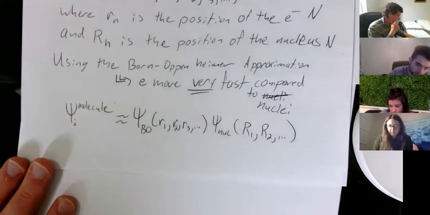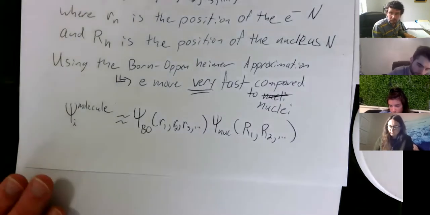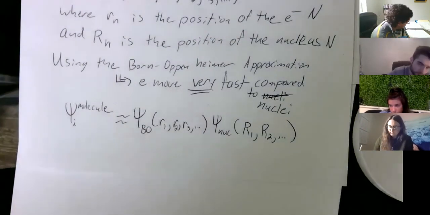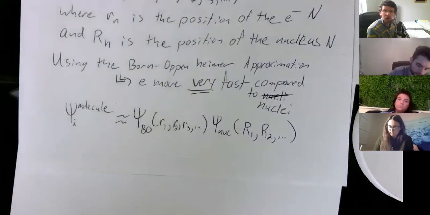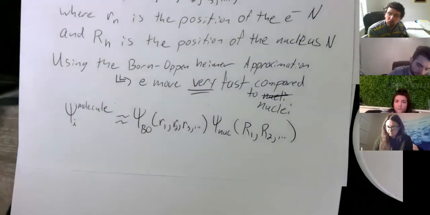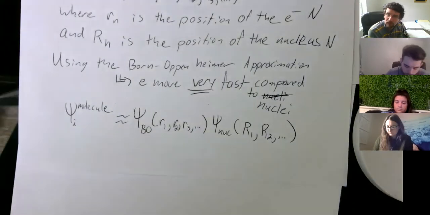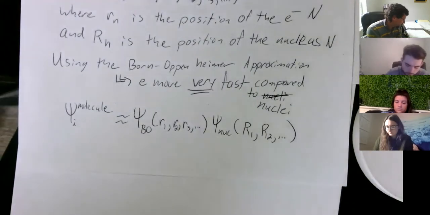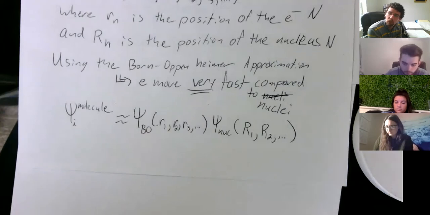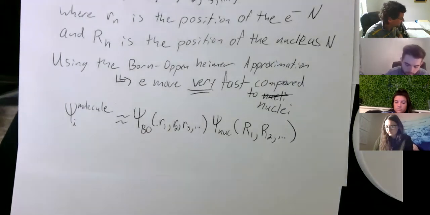And so on. Okay, so we've split that up. What we're going to do next time is look at the Hamiltonian of a molecule, and we're going to consider what those terms mean.